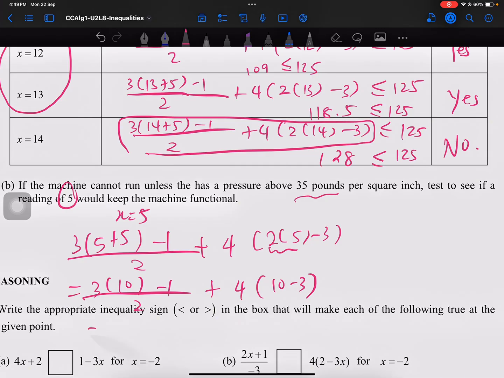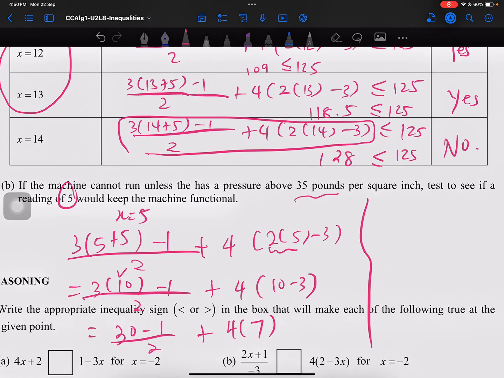It is 30 minus 1 over 2 plus 4 times 7. 10 minus 3 is 7.